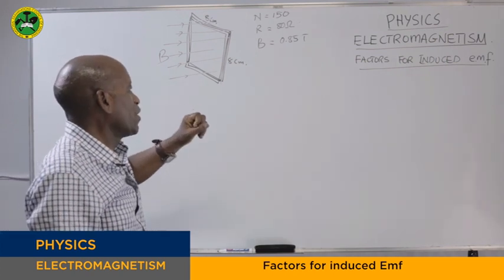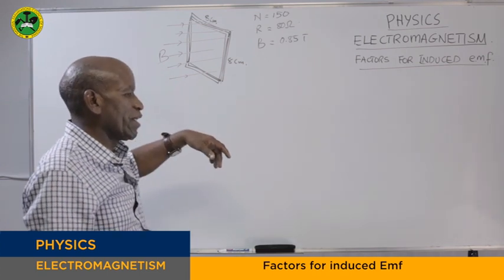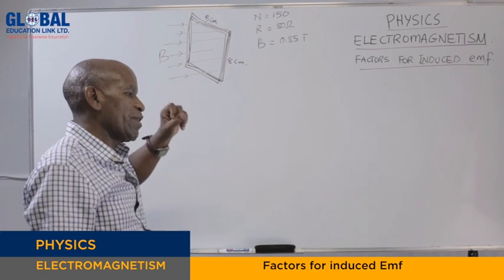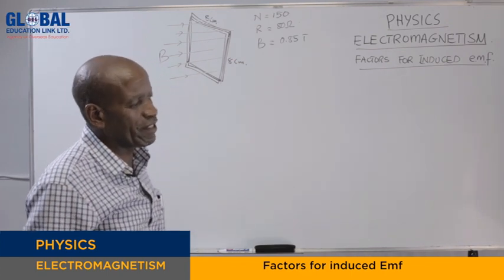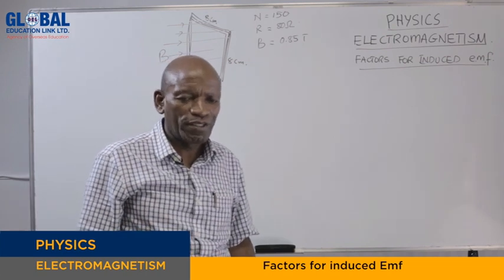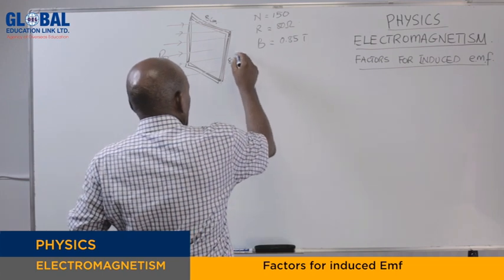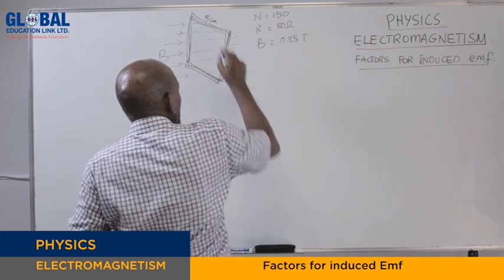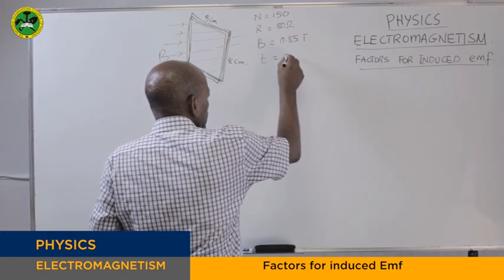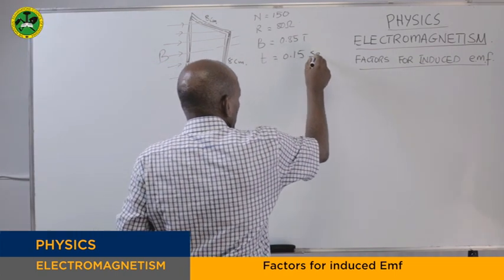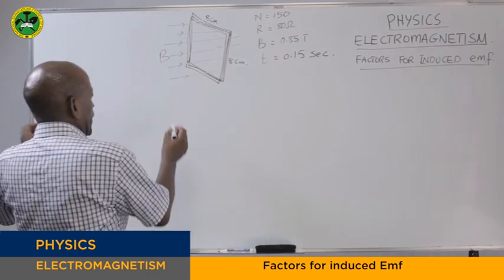After that induced EMF, we are asked to determine the energy that will be dissipated in the coil. That is the situation, and we need now to solve. The time for removal is 0.15 seconds. Okay, so first of all, we need to determine the magnetic flux.